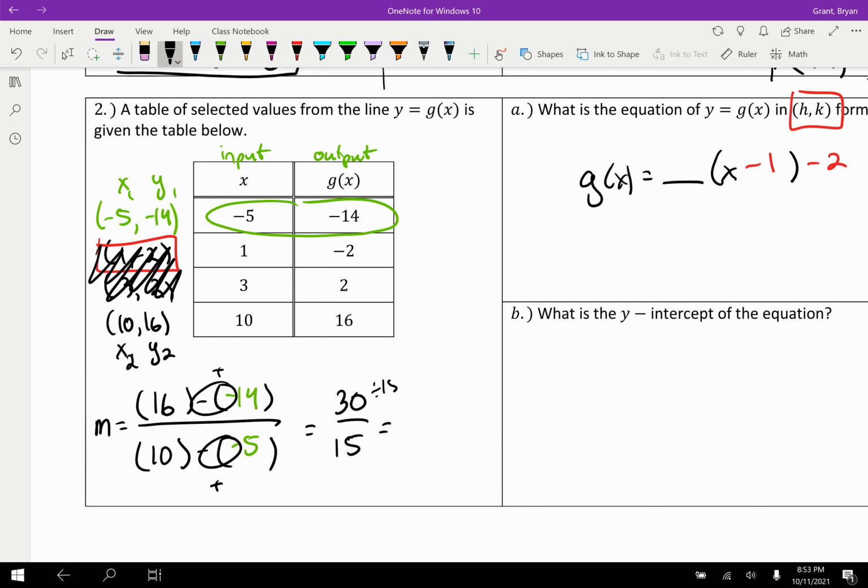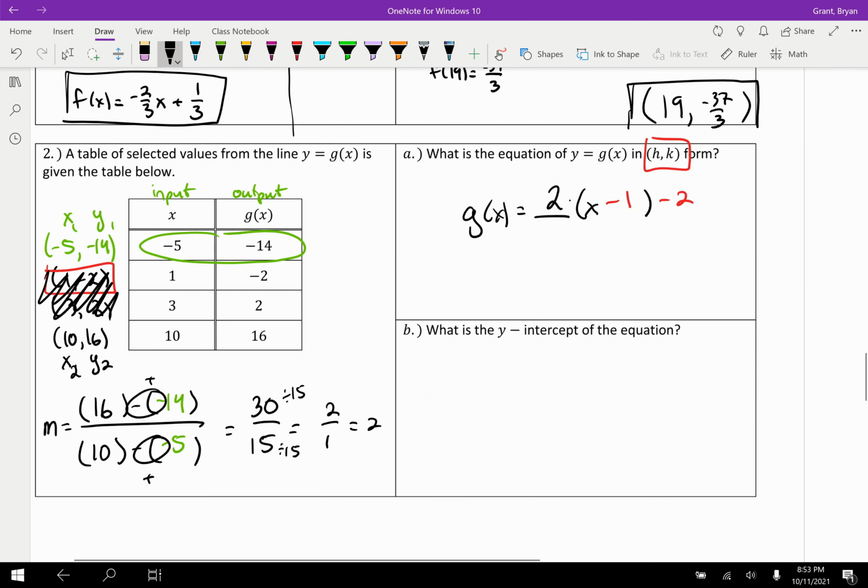So we can divide both of these by 15. 30 divided by 15 is 2. 15 over 15 is 1. I'm getting 2 over 1, or just 2. And so, we end up with 2 right here. Alright, there's an equation of this in HK form. Remember, you could have used any of these 4 points over here in that spot for the red 2 numbers.